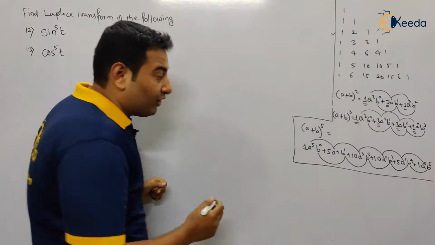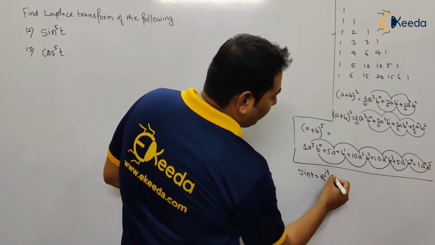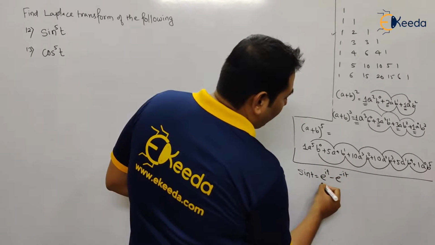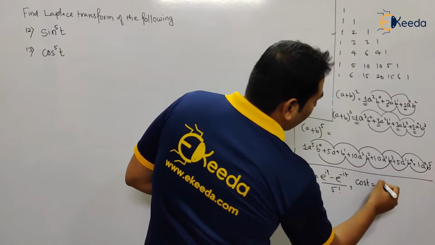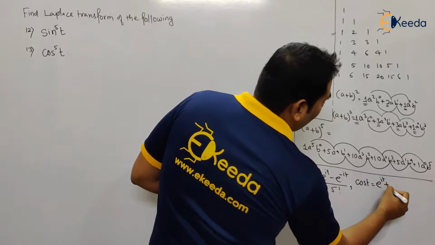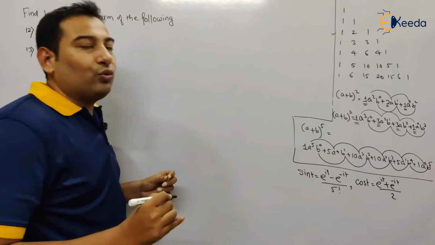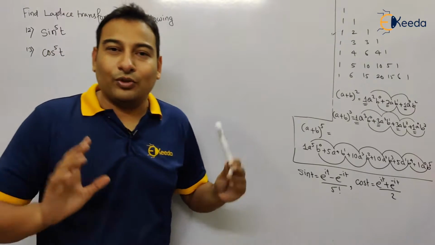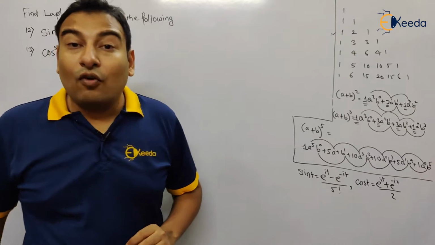Yes, one more thing that you need to remember. The sin t formula is (e^(it) - e^(-it)) upon 2i. No other option, you need to remember this. And cos t is (e^(it) + e^(-it)) upon 2. No other option. You need to remember this formula. See the difference in the formula?